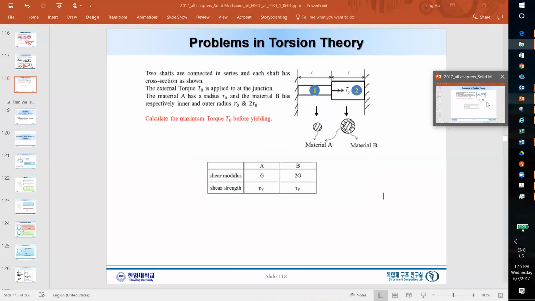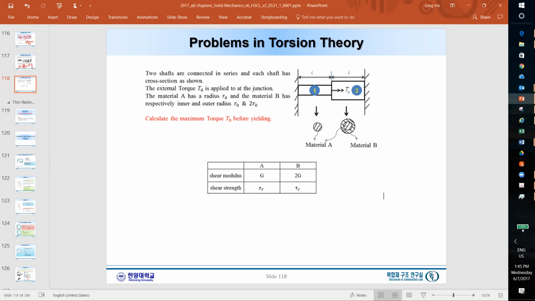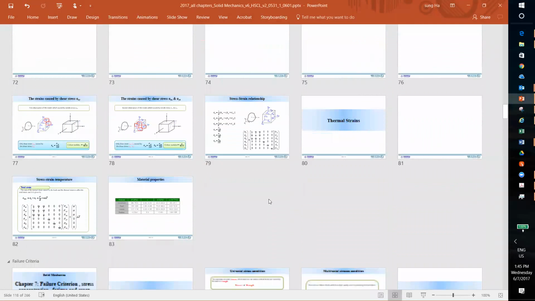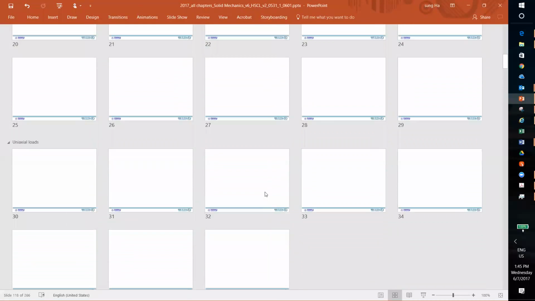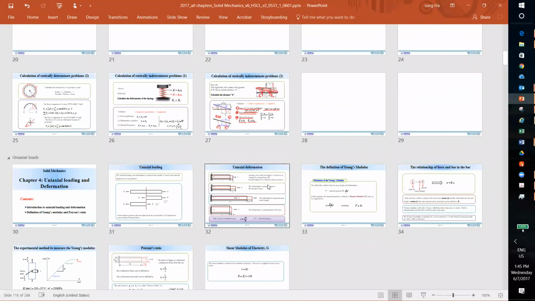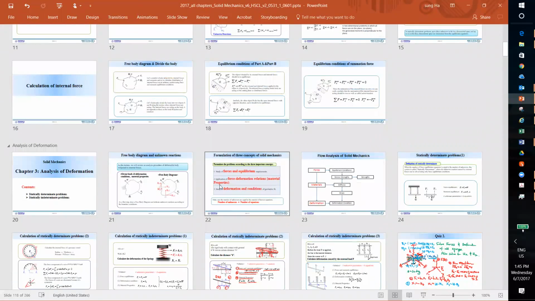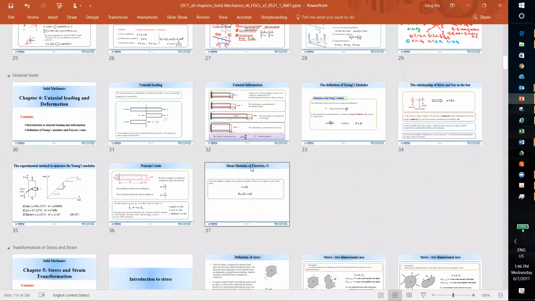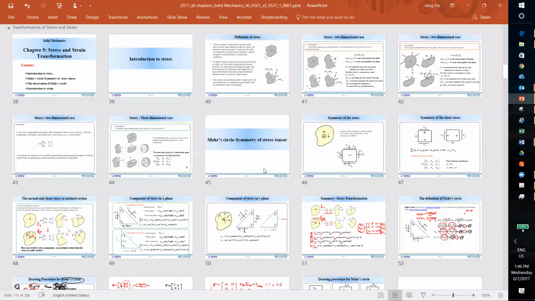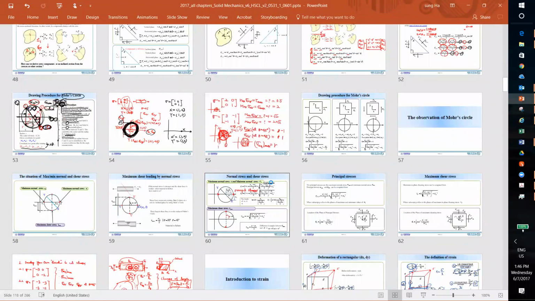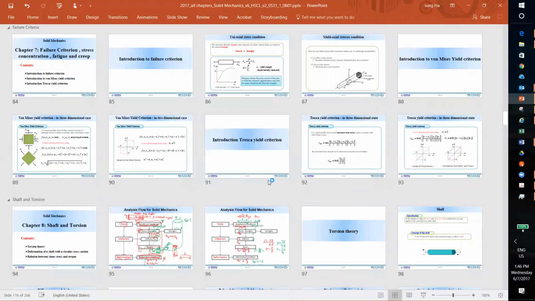In our final exam, the main point will be beam theory, torsion theory and failure. But when you solve them, you always need to understand the basic theory, of course: equilibrium, stress and strain, and Mohr circle.